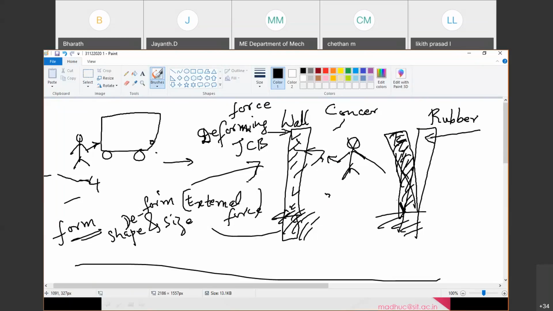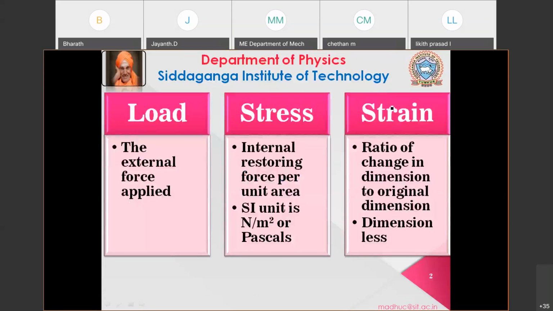This force is the force offered by the rubber. This is what we call stress. Stress is the internal restoring force. What is the meaning of restoring force? Your rubber is trying to come back to its original shape or size, right? That is your restoring force. Stress is the internal restoring force of the material per unit area.